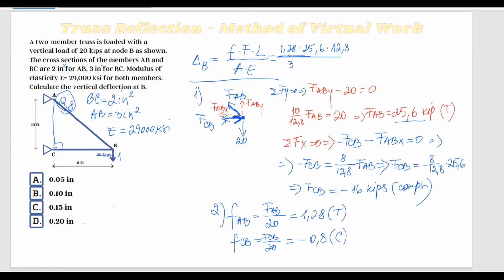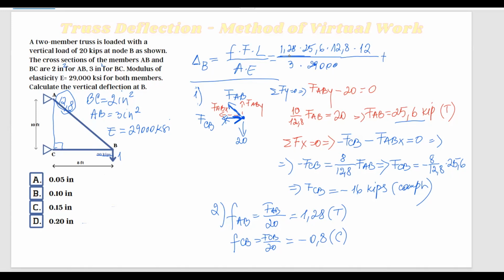Now I have to be careful because the loads are in kips and this value here, 12.8, is in feet. So I'm going to multiply by 12 to transform feet into inches. So 3 inches squared here multiplied by E, which is 29,000 ksi. So now we have 25.6 in kips, this is in inches, and ksi. So we're good now. And this is plus.